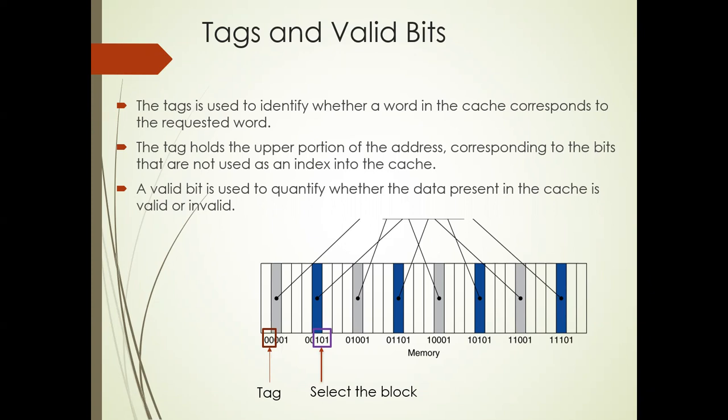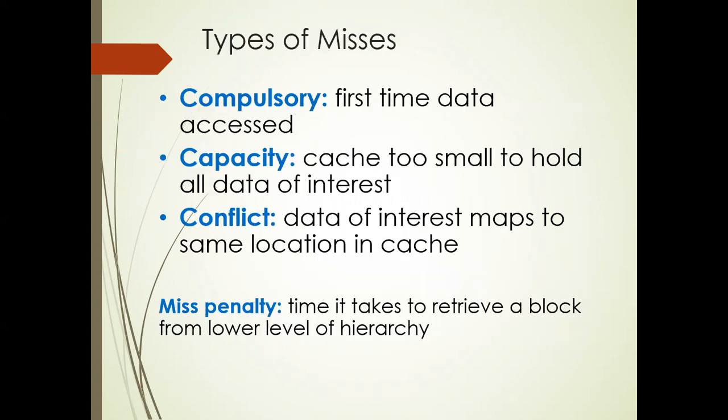So if the data is not updated, then you will have what we call a miss. Those are the types of misses which are generated by the cache. You have the compulsory miss. This is because usually the cache is not updated, so for sure you will have compulsory misses. You also have the capacity miss because of the size of the cache.